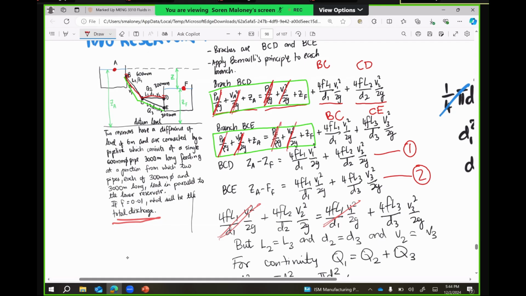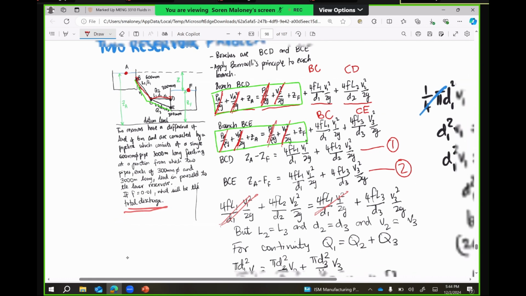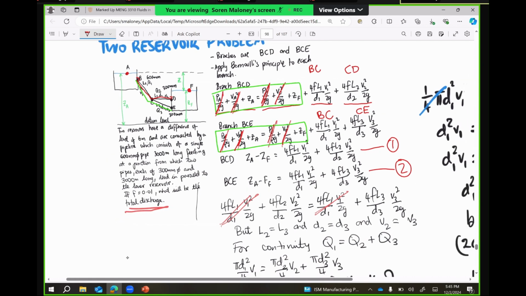And you know what ZA and ZF is actually. They're the same, right? That's why I can write equation 1 and 2 equal to each other. So I'm taking the first part here, which is equation 1, and putting it equal to equation 2.